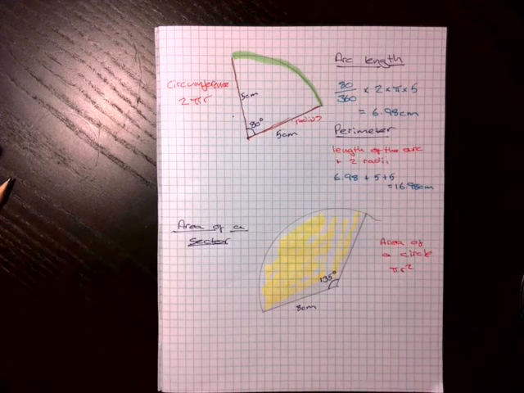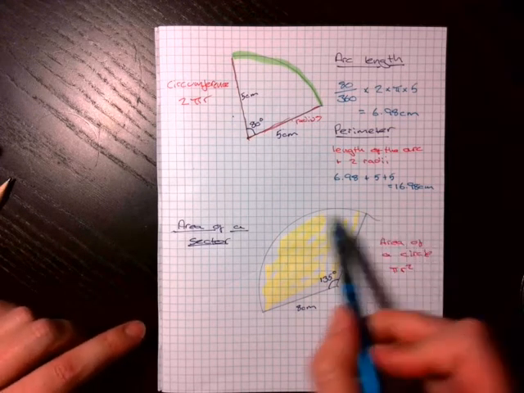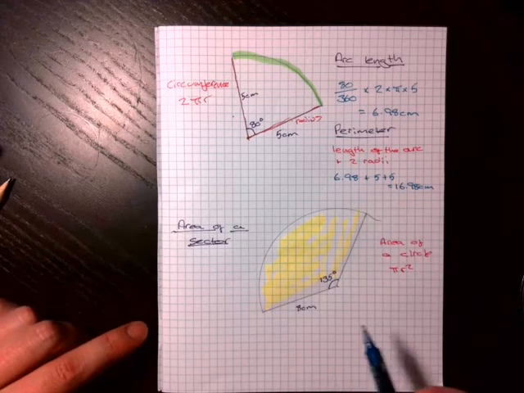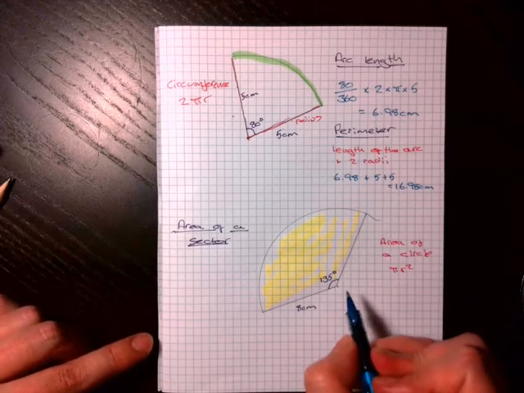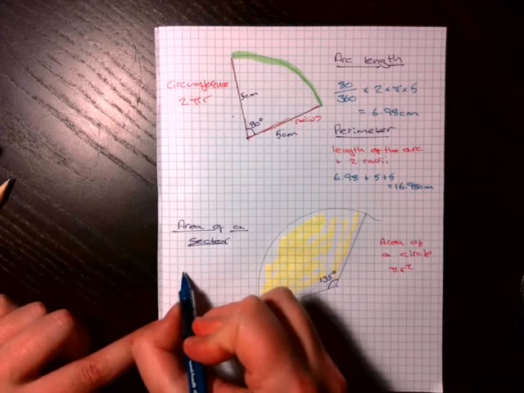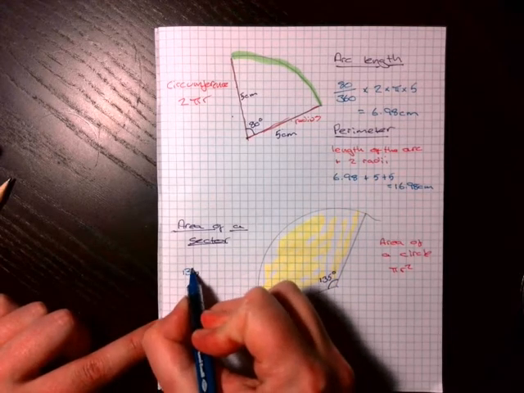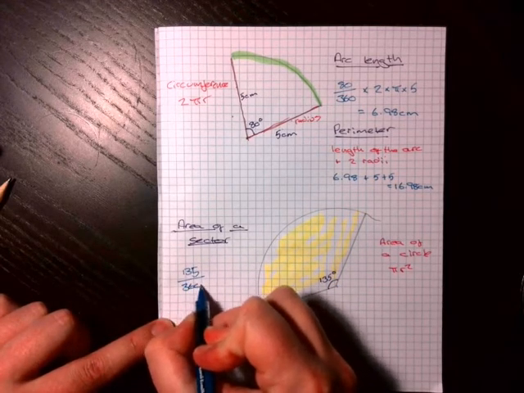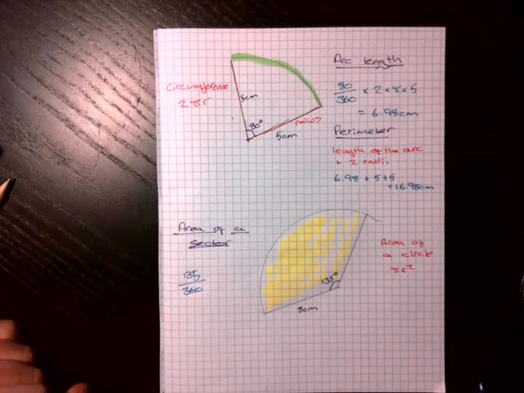Again, in a similar fashion to the length of the arc, if we were going to imagine this was a whole circle, we would do pi r squared, but we only want a fraction of that whole circle. So we want 135 out of the 360 degrees that make up a whole circle.